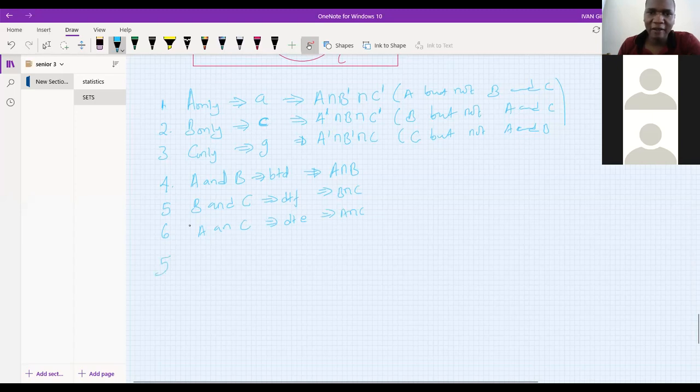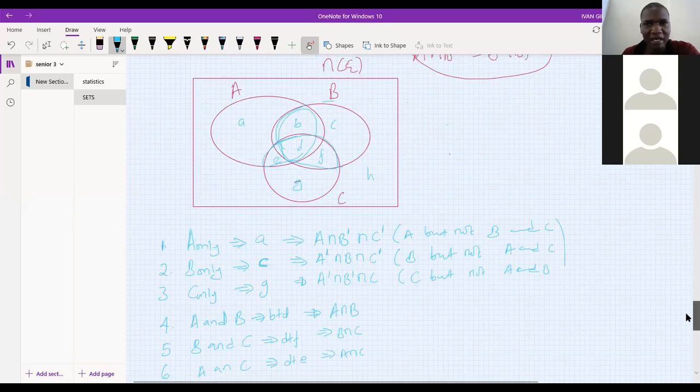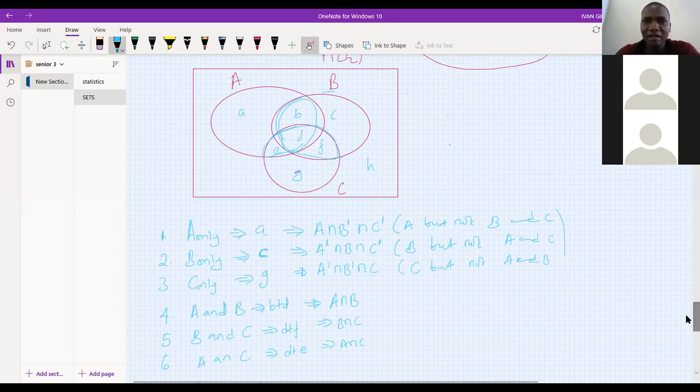Then the other term that is very close to this one, number 5. They can say A and B only. When they add only, that means it's different from A and B just. A and B only is different from A and B. We know A and B is B plus D. But if they say A and B only, what do they mean?